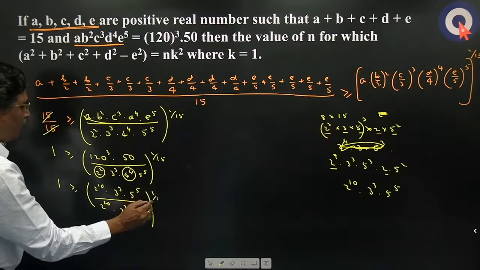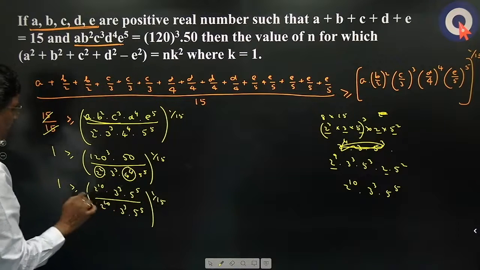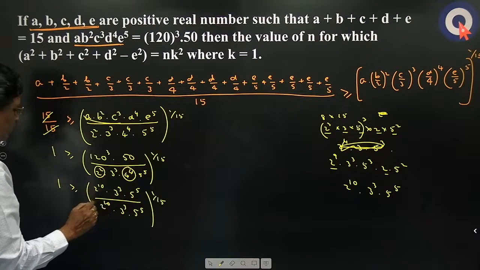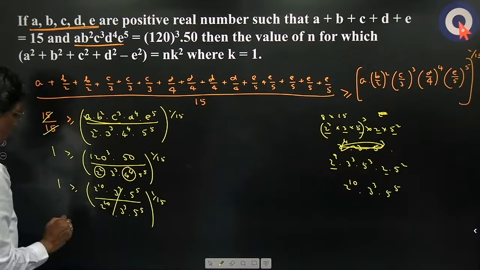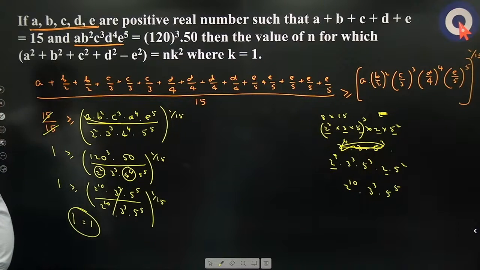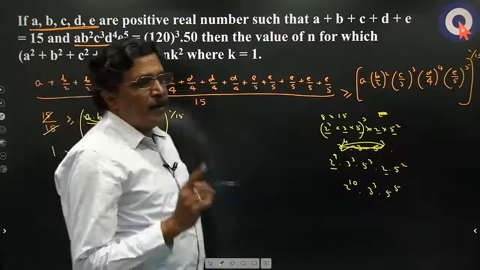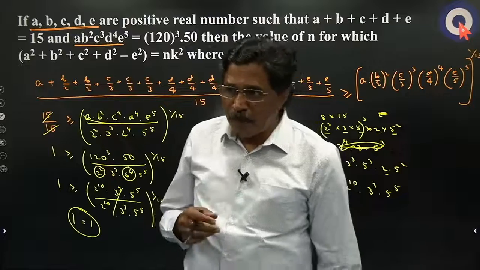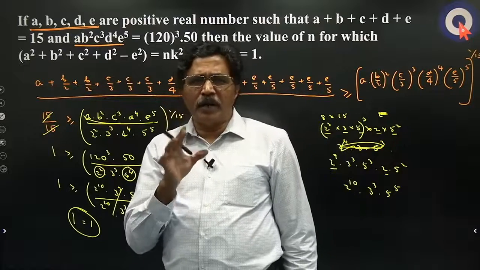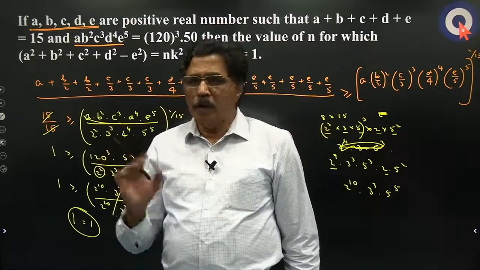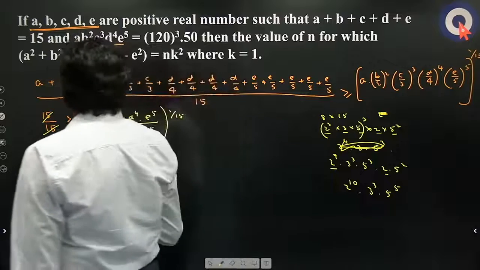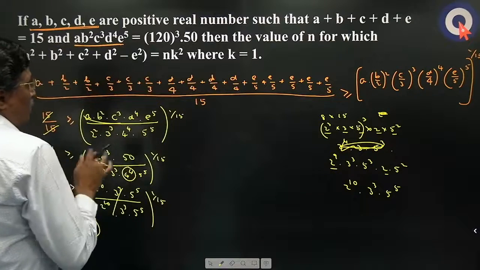As they match, hopefully the simplification is correct. So this is becoming 1 again, right? So you have 1 is equal to 1. Therefore, the arithmetic mean is becoming equal to the geometric mean. When the arithmetic mean is equal to the geometric mean, the quantities considered are all equal.